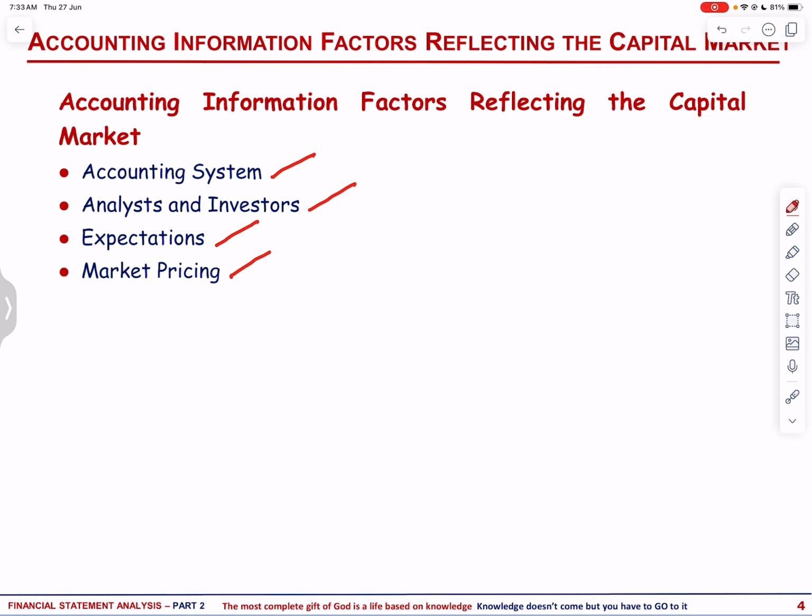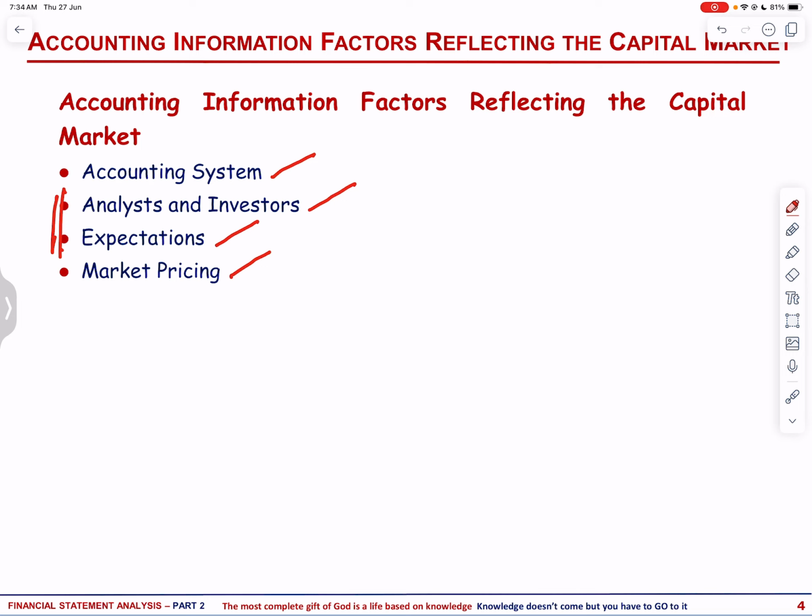So, in essence, the degree to which market prices accurately reflect accounting information depends on how well these four stages link together, from accounting data through analysis and expectations formation and to actual market pricing of stocks.